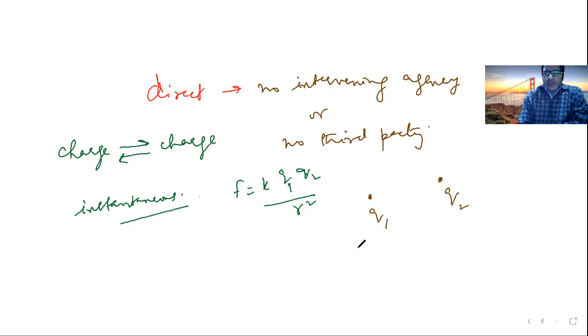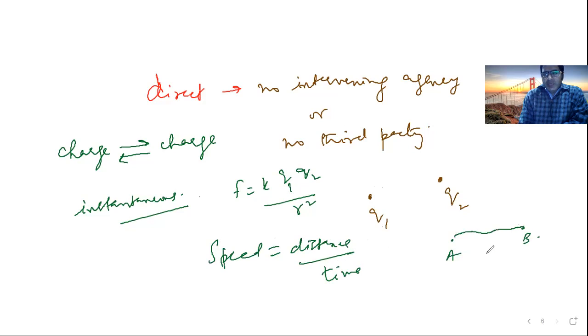Because if I say, for example, speed is equal to distance by time, and if I say something moves from point A to point B instantaneously, that means it moves this much distance in zero time. Denominator zero, speed will become infinite. Same is here.